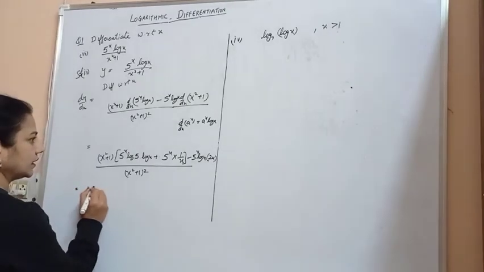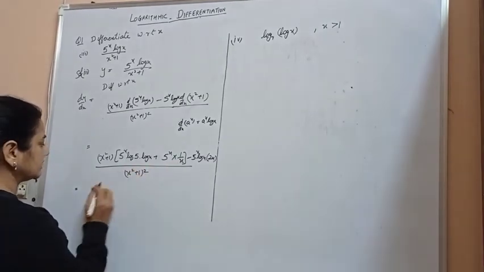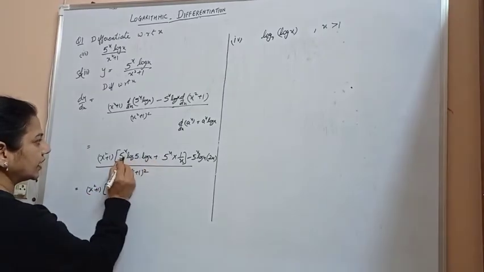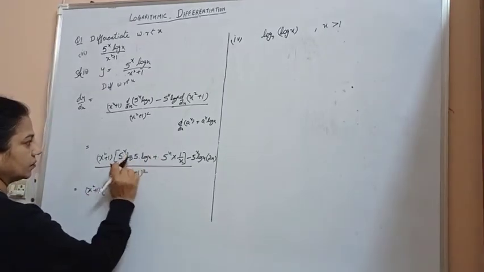So again I will write it here as, take the LCM, x is there. So I have x square plus 1. I take 5 to the power x common.